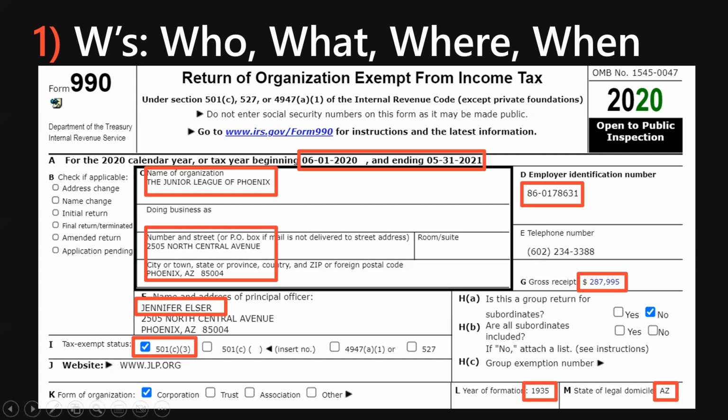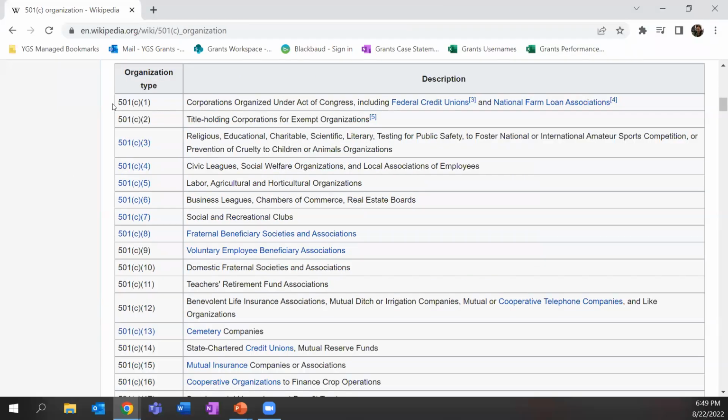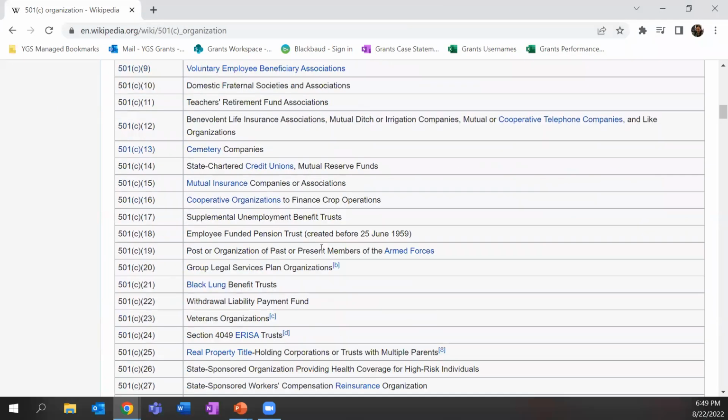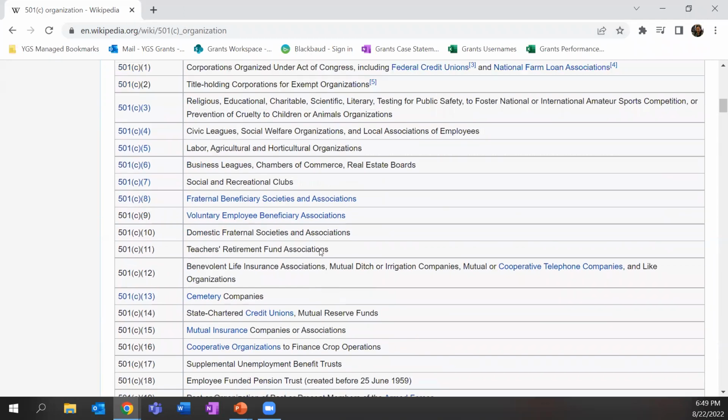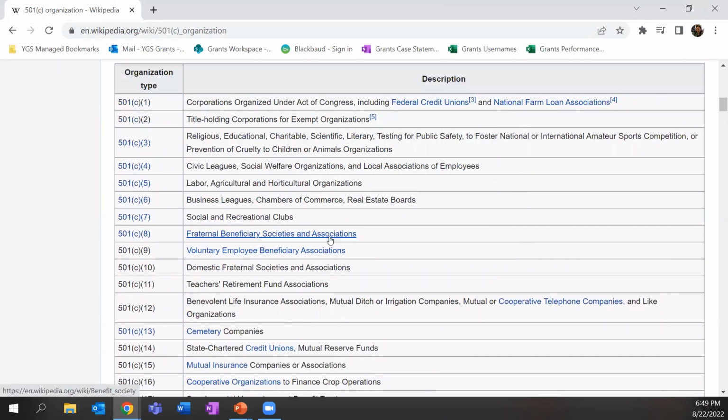I'm just going to pull over and put in the chat the Wikipedia for 501c's. There are nearly 30 types of organizations that actually qualify for no taxation on that business revenue.